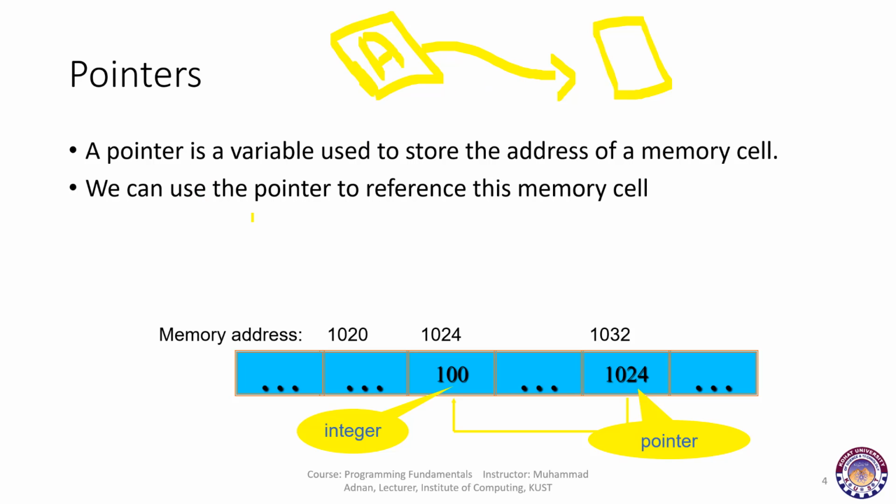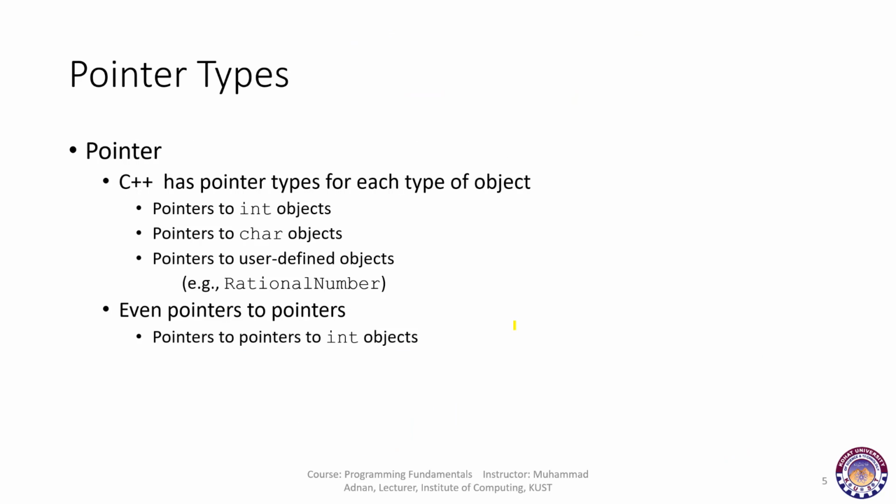We can use the pointer to reference this memory cell. So for example, you have this integer data 100, and this is a pointer, and inside this memory location you have stored the address of this variable. So the address is 1024. A pointer is a variable used to store the address of a memory cell or the address of another variable.